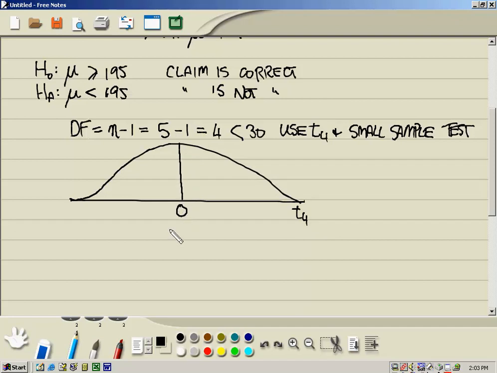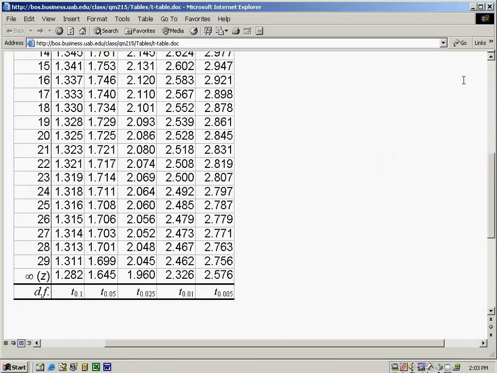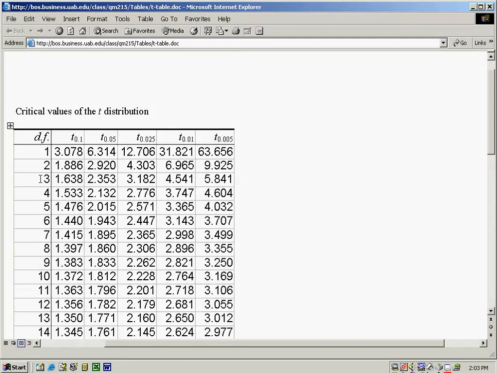The middle of all these t distributions is 0. It's a lower tailed test with an alpha of 5%. So we're going to go to our t tables, look for t with 4 degrees of freedom and 5% in the one tail, and that's 2.132.